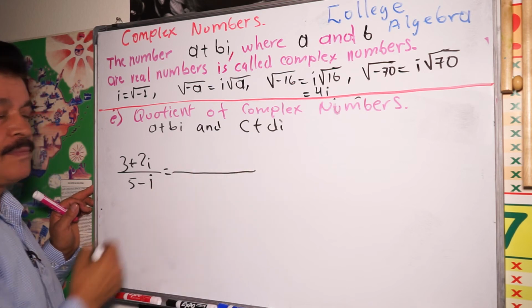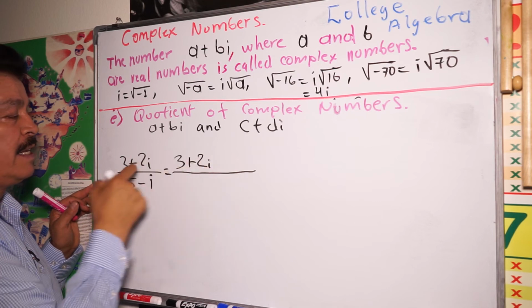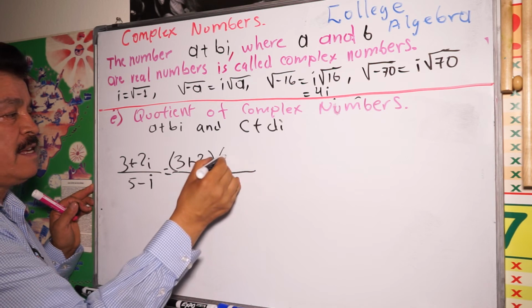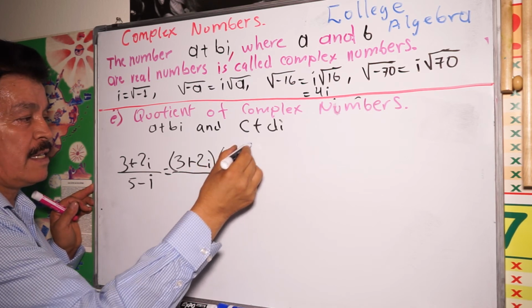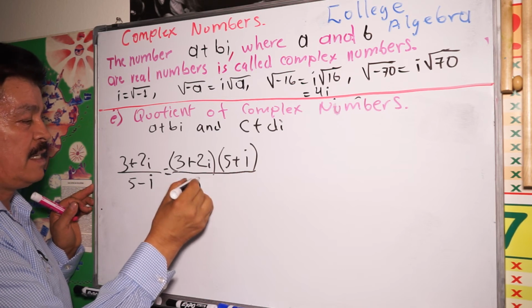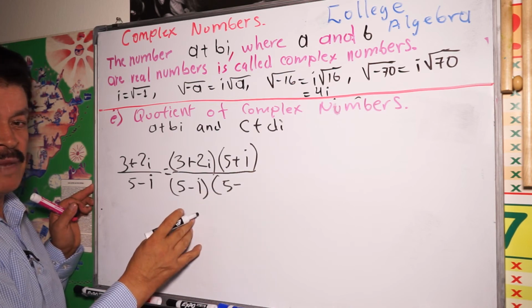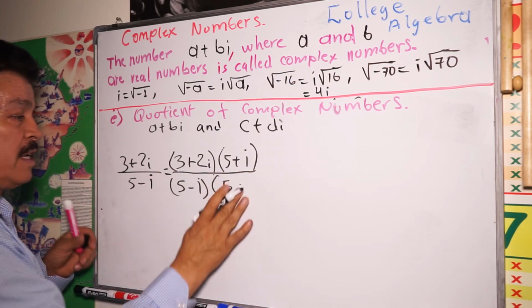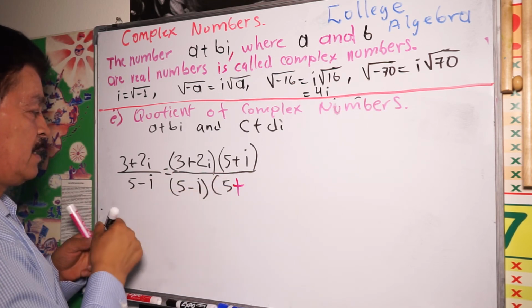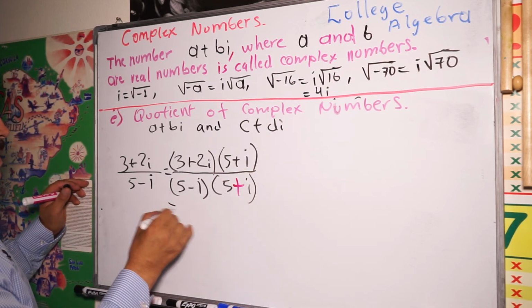Now, the same way, 3 plus 2i times 5 plus i. Okay, in the bottom you have to write 5 minus i times 5 plus i, changing the sign right here. Plus i. Close. See?